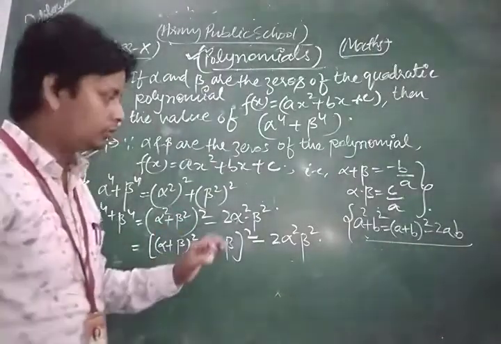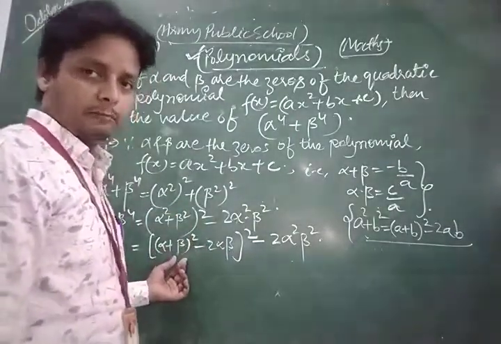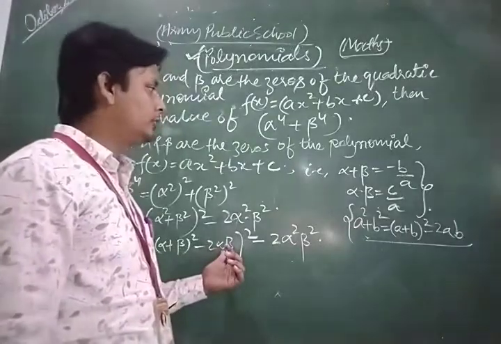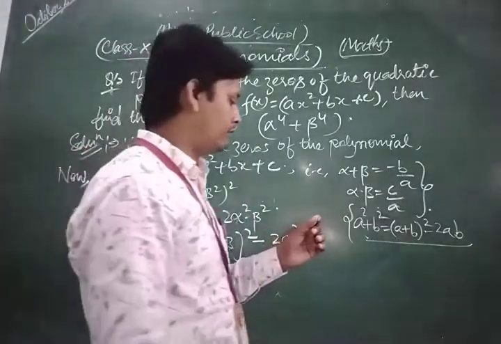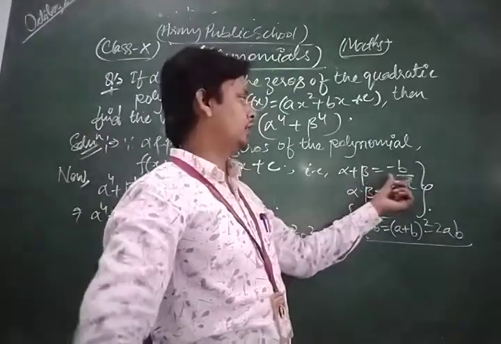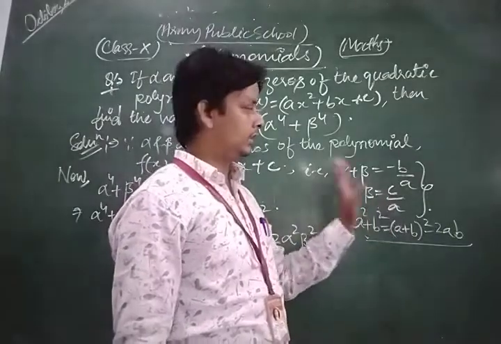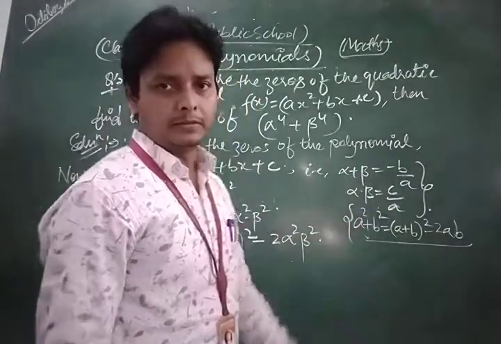Okay, now dear students, we put the values. Look, we have the value of alpha plus beta and alpha into beta. You know the value of alpha plus beta is minus b by a, and alpha into beta is c by a.